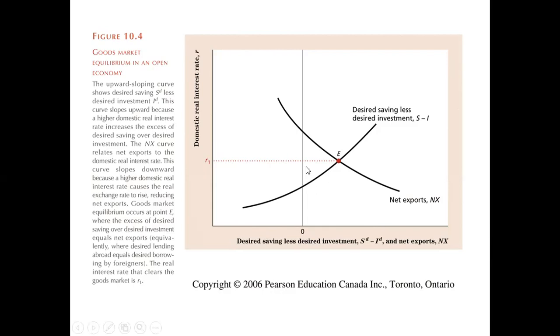Now, if you look into the desired saving less desired investment, or S superscript D minus I superscript D, this curve slopes upward because we can see that explanation here. A higher domestic real interest rate increases the excess of desired saving over desired investment.